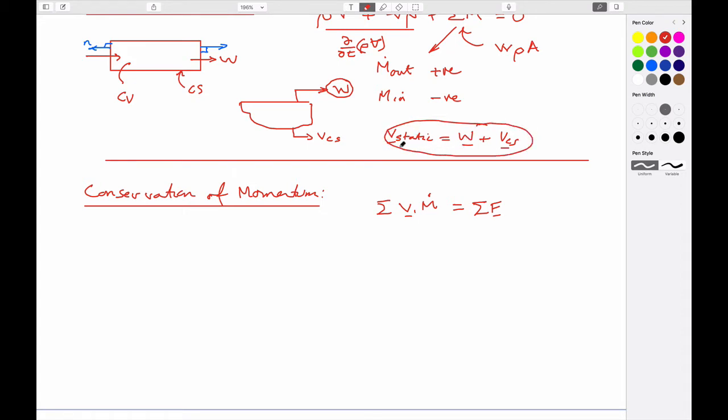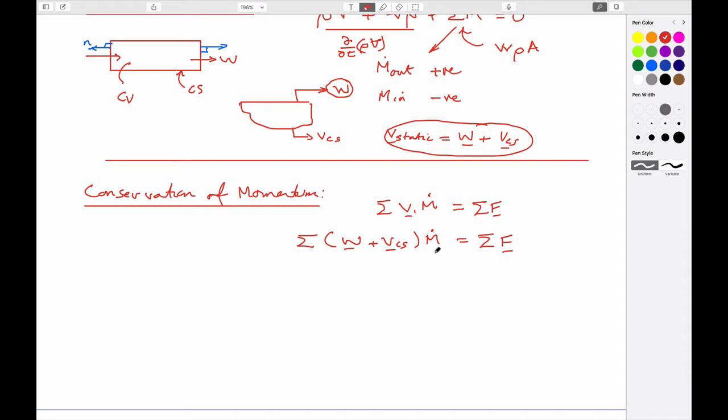So we want to define forces relative to a static reference frame, and so we can rewrite this expression in slightly different form, and that is that the sum of the velocities, where the velocities are the relative velocity plus the velocity of the control surface, multiplied by the mass flow rate, is equal to the sum of the forces that are applied.